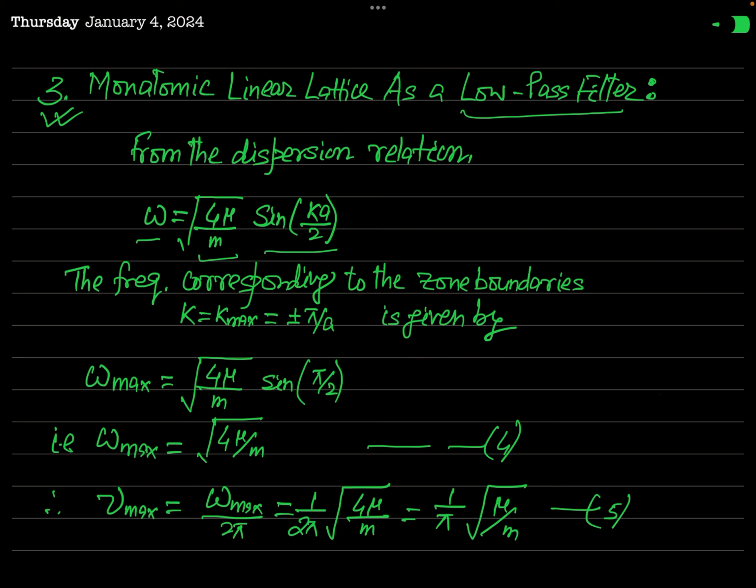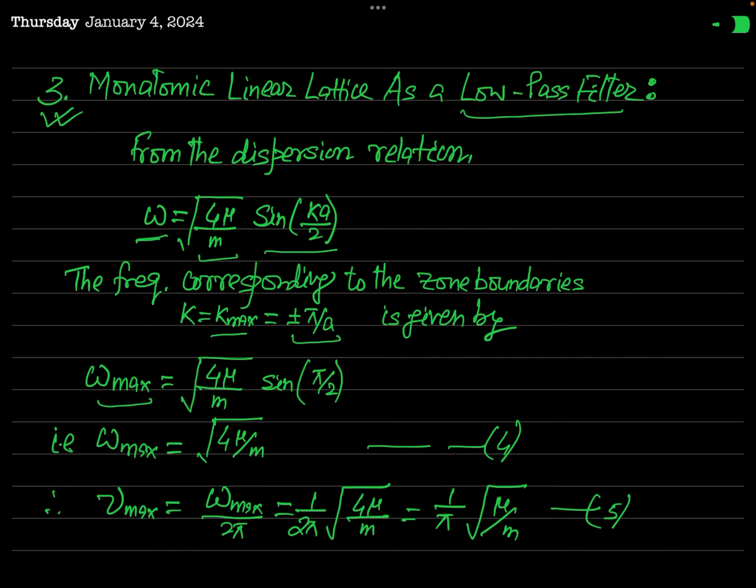Now we will find this omega corresponding to the value of k at the boundaries of the first Brillouin zone. At the zone boundaries, k is equal to k max, which is plus minus pi over a. In this condition, when k is maximum, omega will also be maximum.